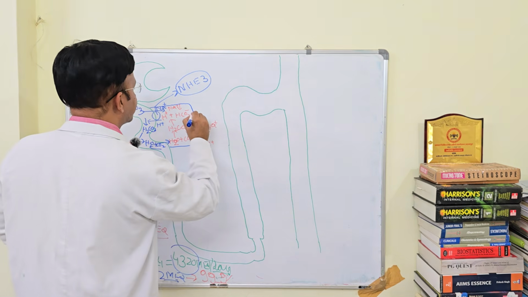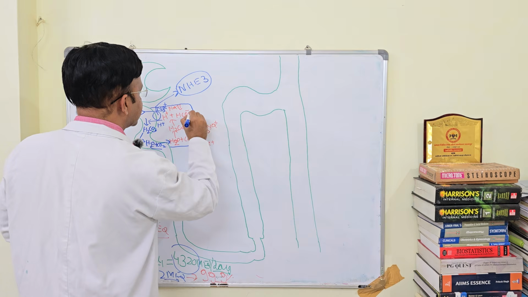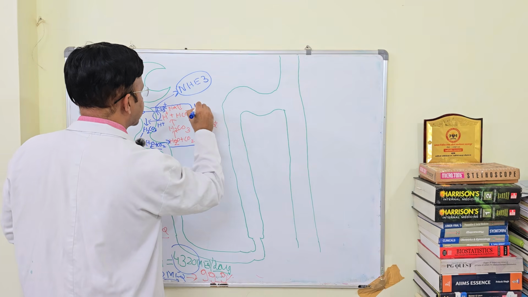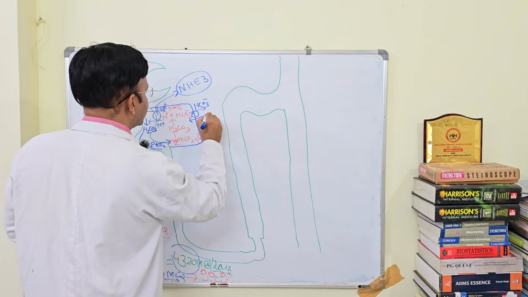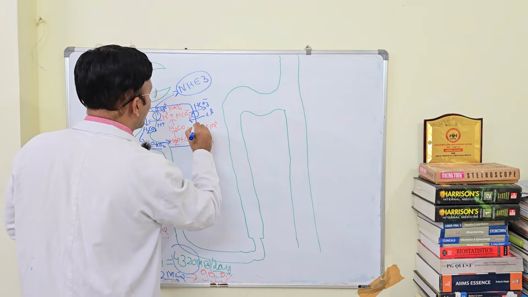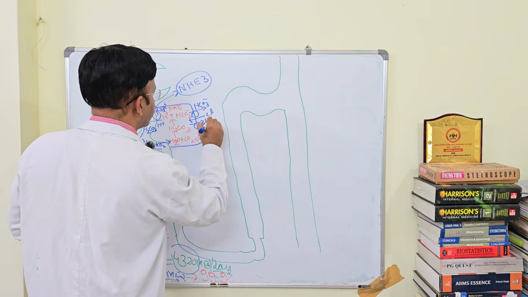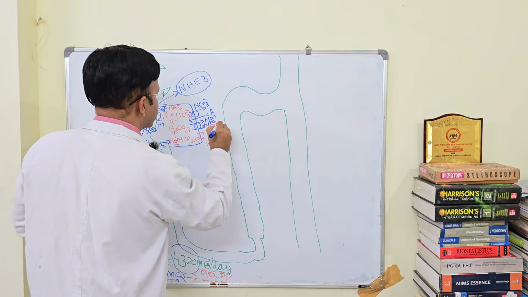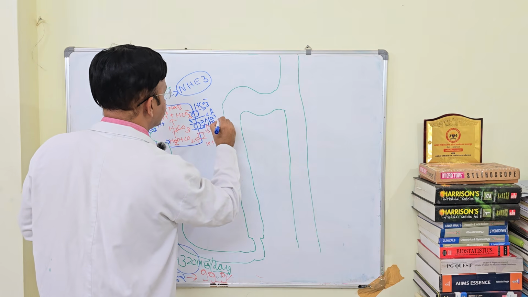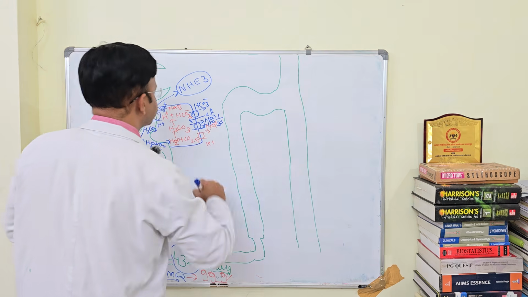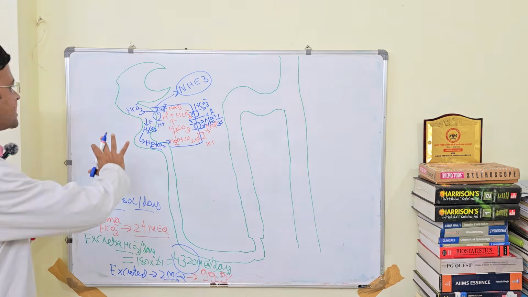The bicarbonate inside the cell will go to this side with the help of the bicarbonate chloride exchanger: bicarbonate will go out and chloride will be pumped in. There is also the sodium bicarbonate co-transporter, which will pump sodium and bicarbonate together, in the ratio of 3 bicarbonate for every sodium which is pumped out. So, as simple as that.